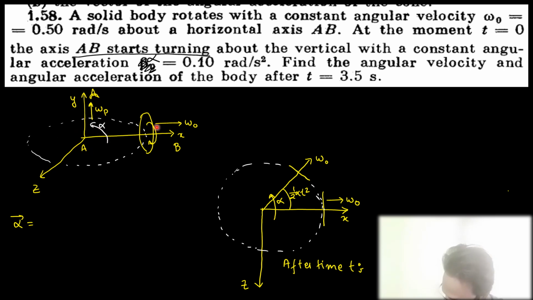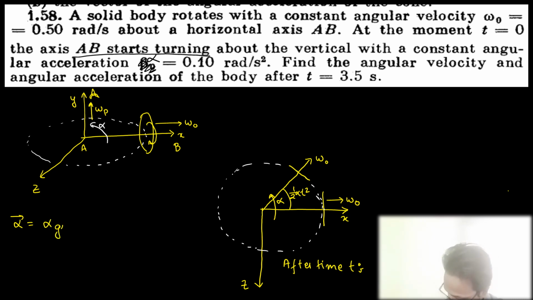What is gyroscopic acceleration? The acceleration due to which this omega naught changes its direction. See, this omega naught changes direction at various parts of the circle, no?